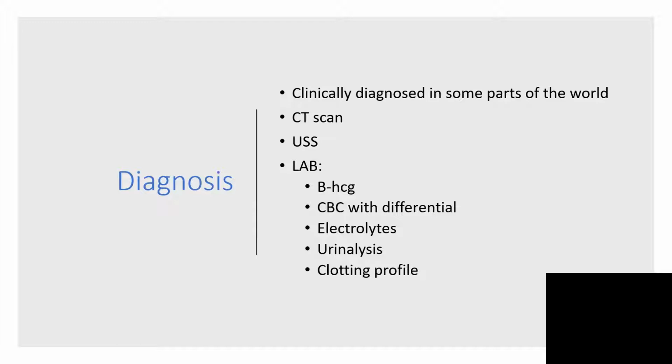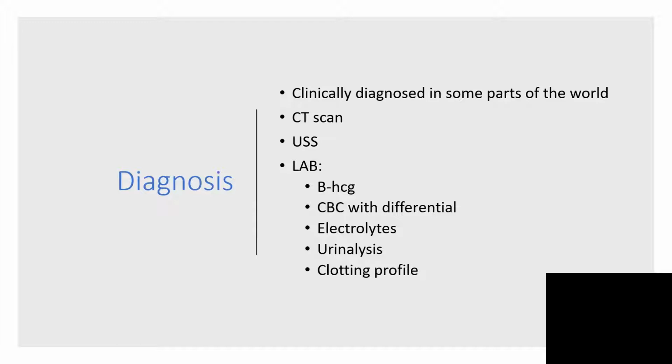But in advanced nations, the Western world, you do CT scan, do ultrasound, and of course, the woman or the man will have laboratory investigations, but the woman will do beta human chorionic gonadotrophin if she is within the childbearing age.